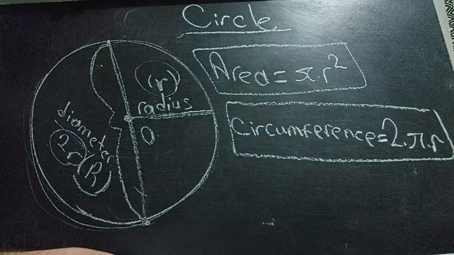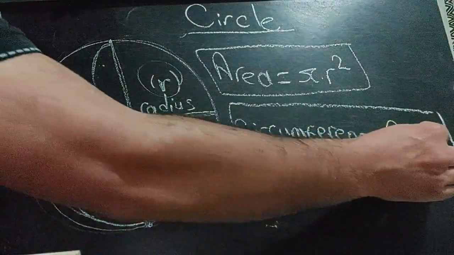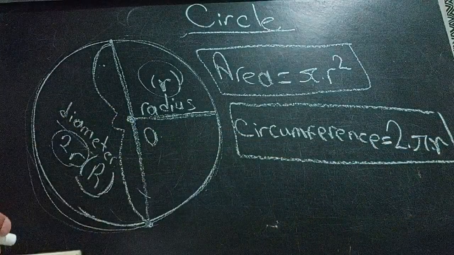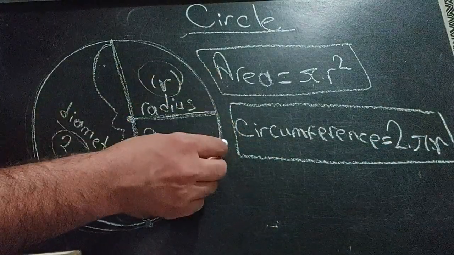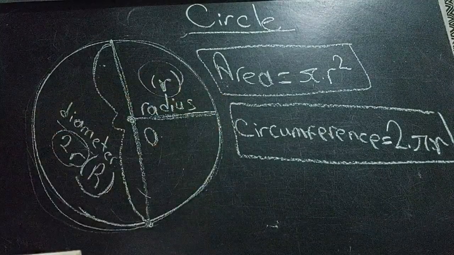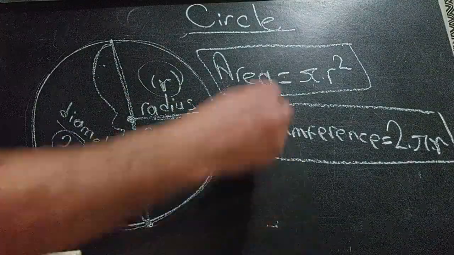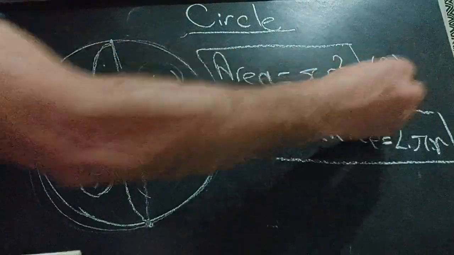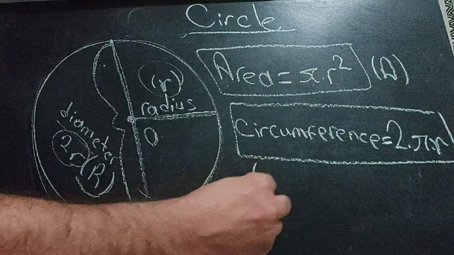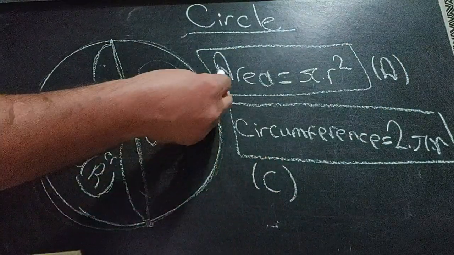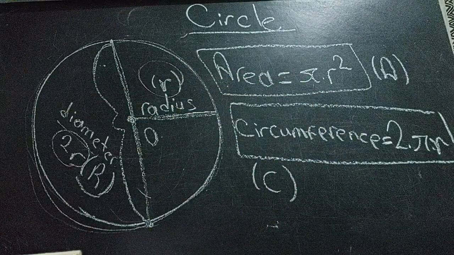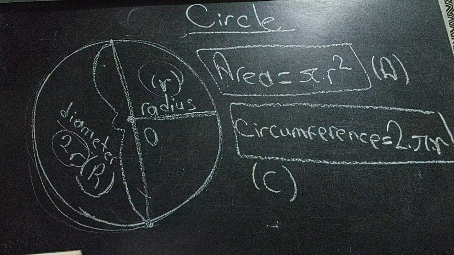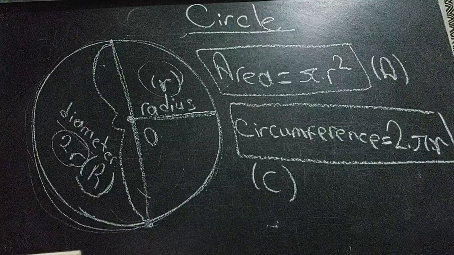Alright, 2 times pi times r radius. So we are going to use those two formulas too much. So I'm going to use A instead of area and C instead of circumference. I'm not going to write every time area, every time circumference. Alright, now let's pass to our questions and see what will we come across.